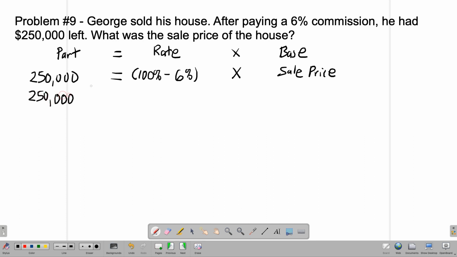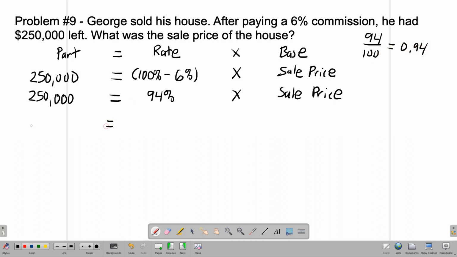We have 250,000 on the left. And then we have 100 minus 6, that shows 94%. And again, we're still trying to solve for the sales price. So 94 divided by 100 gives us a value of 0.94. And so we rewrite this equation.